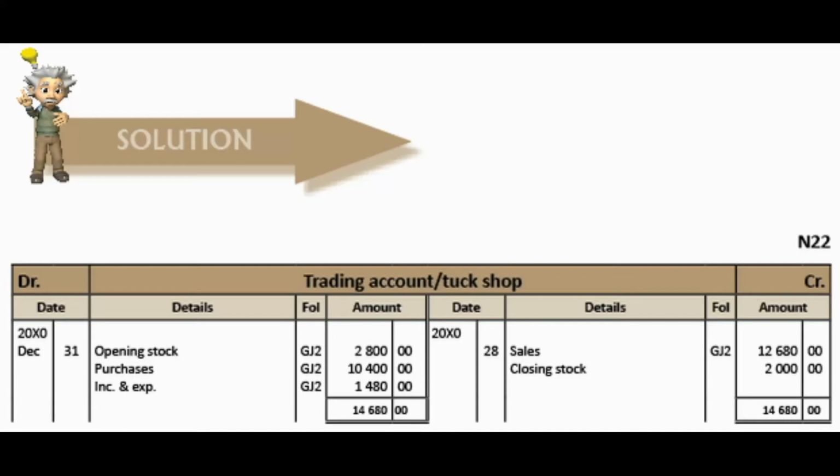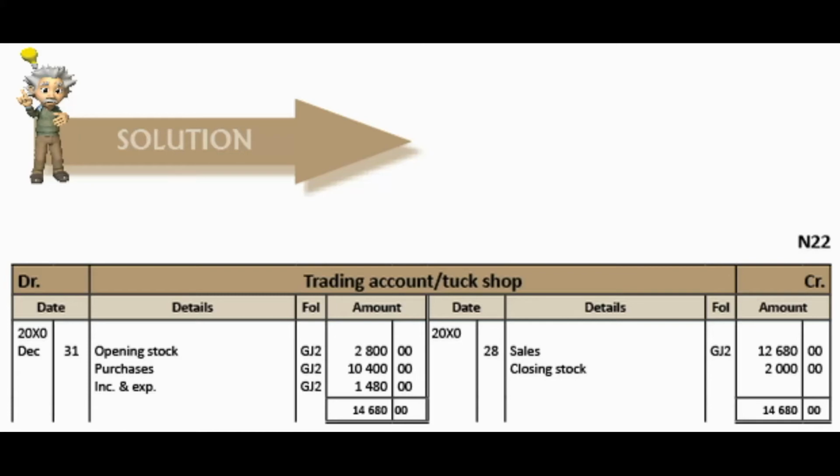And remember, I've also said you're going to close that off. For that adjustment, we debited trading stock and we credited closing stock. So we're going to close off the closing stock account by debiting closing stock and crediting the trading account. So it's debit closing stock, credit trading account 2,000.